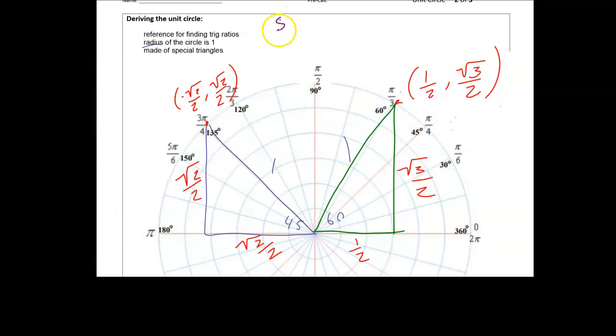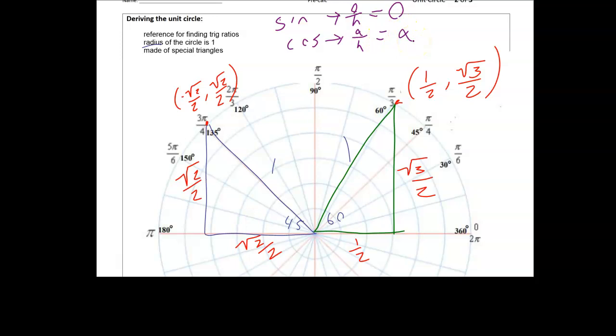Well, let's say I want to find sine or cosine, right? So remember, sine is opposite over hypotenuse. Cosine is adjacent over hypotenuse. But my hypotenuse is just 1, right? So this is why this is so useful to us, because that just becomes, well, sine is opposite, cosine is adjacent, right?